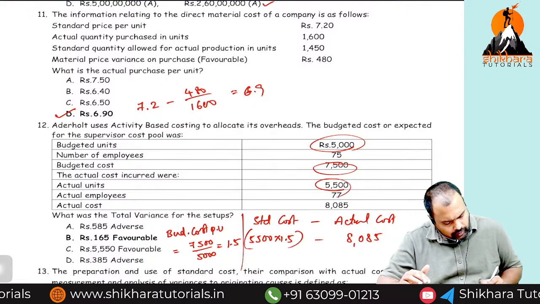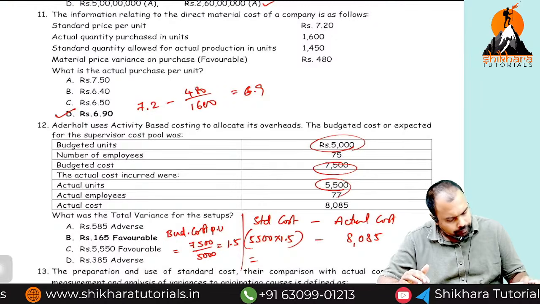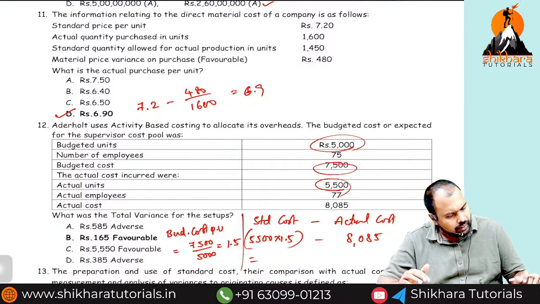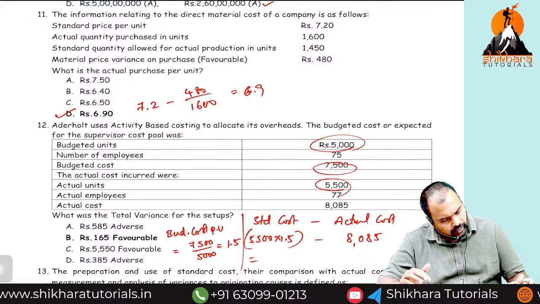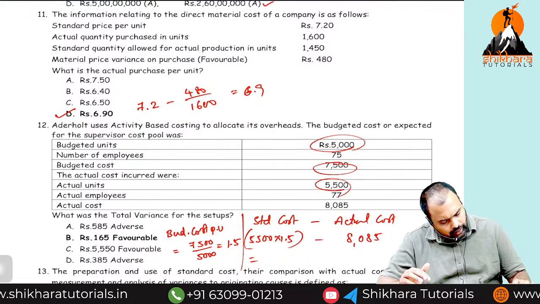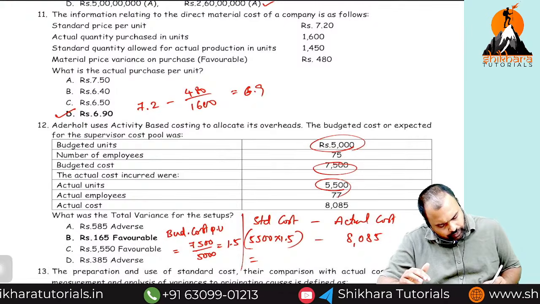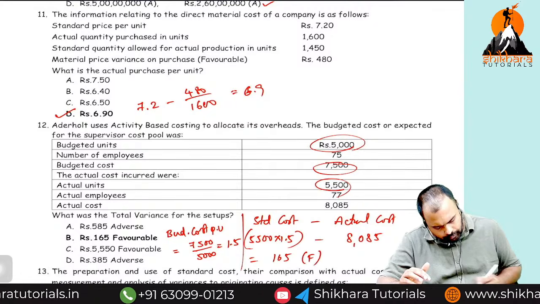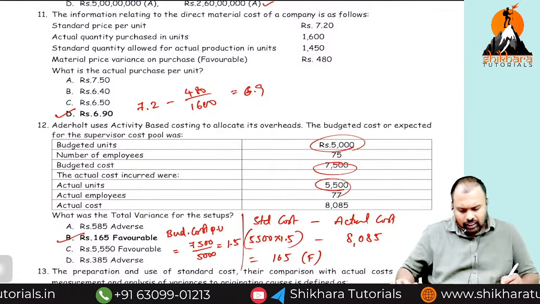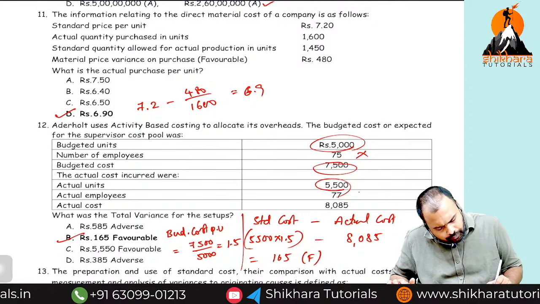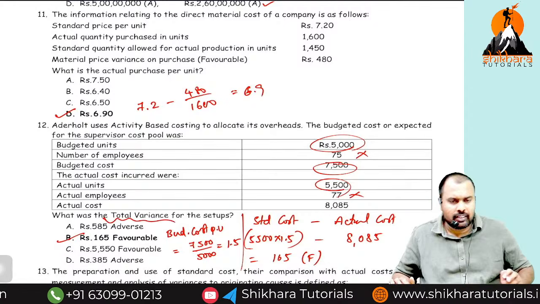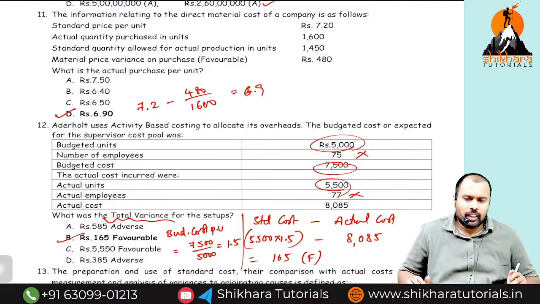So 5500 into 1.5, which leads to 8250 minus 8085, which is 165 favorable. Sir, here number of employees is irrelevant, as they're asking us total variance, that is nothing but standard cost minus actual cost.